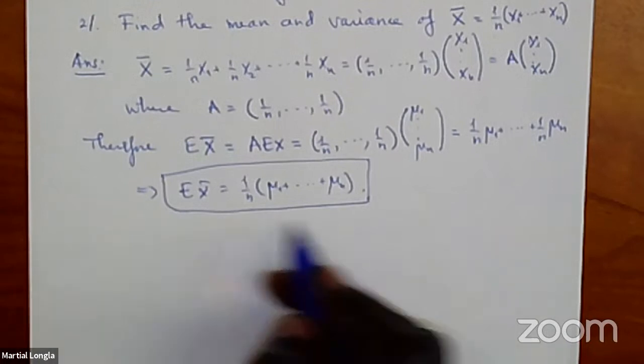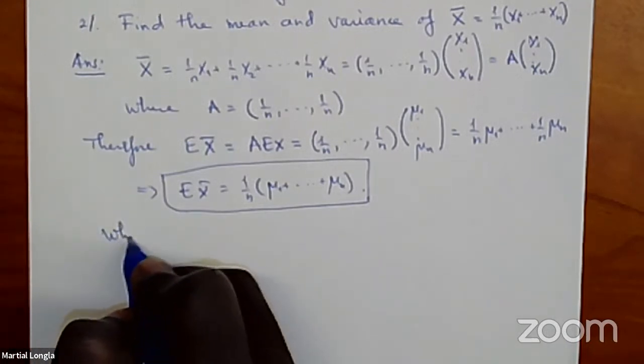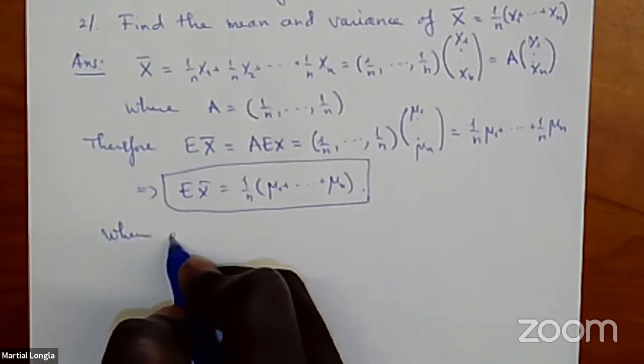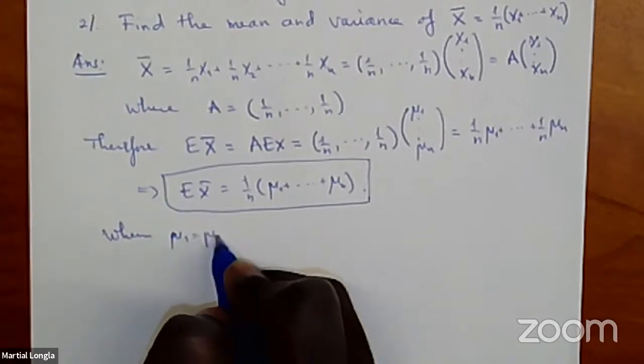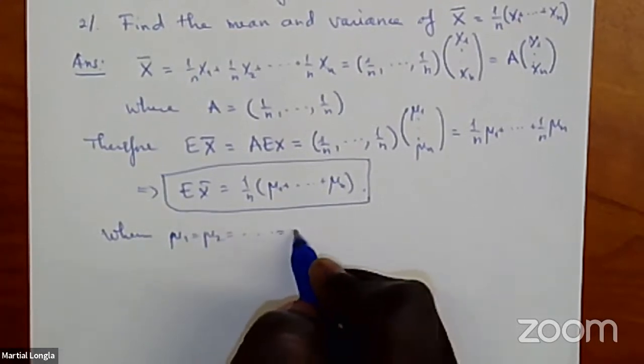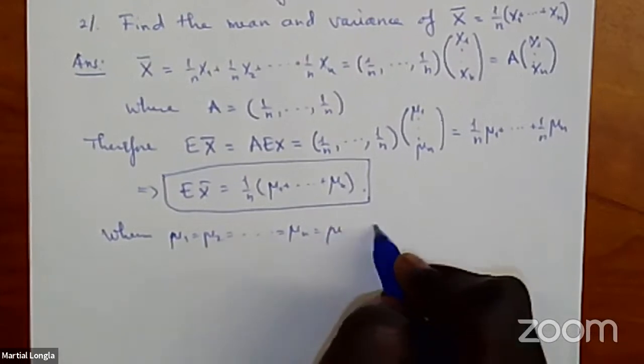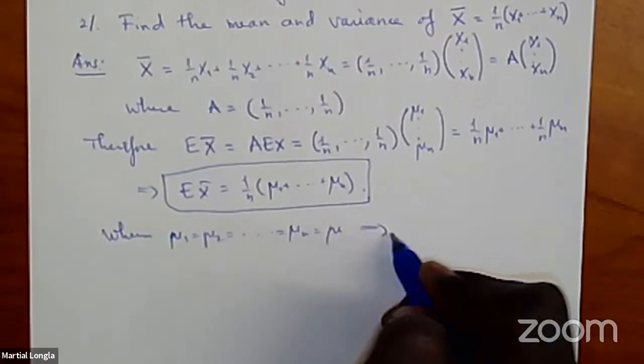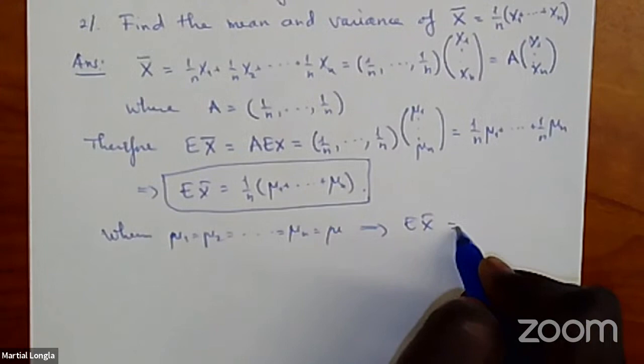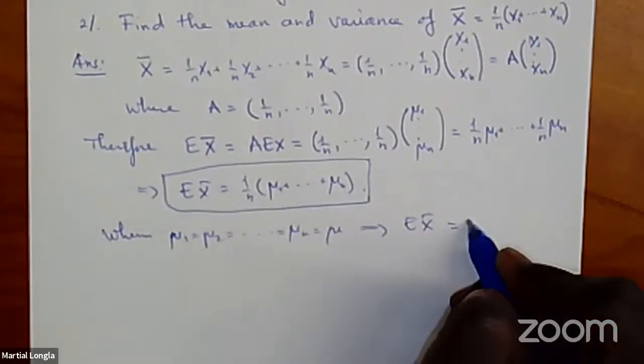So in the case when mu1 equal mu2 equal all the way to mu_n equal mu, you have expected value of x bar equal n times mu over n equal mu.